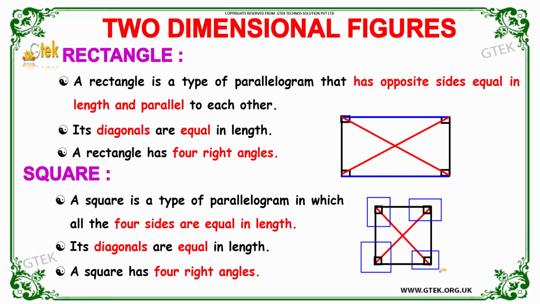So thus a parallelogram can become a square if all the 4 sides are equal and parallel and the diagonals are also equal with 4 right angles to be the angles of the figure. Then it will be a square.